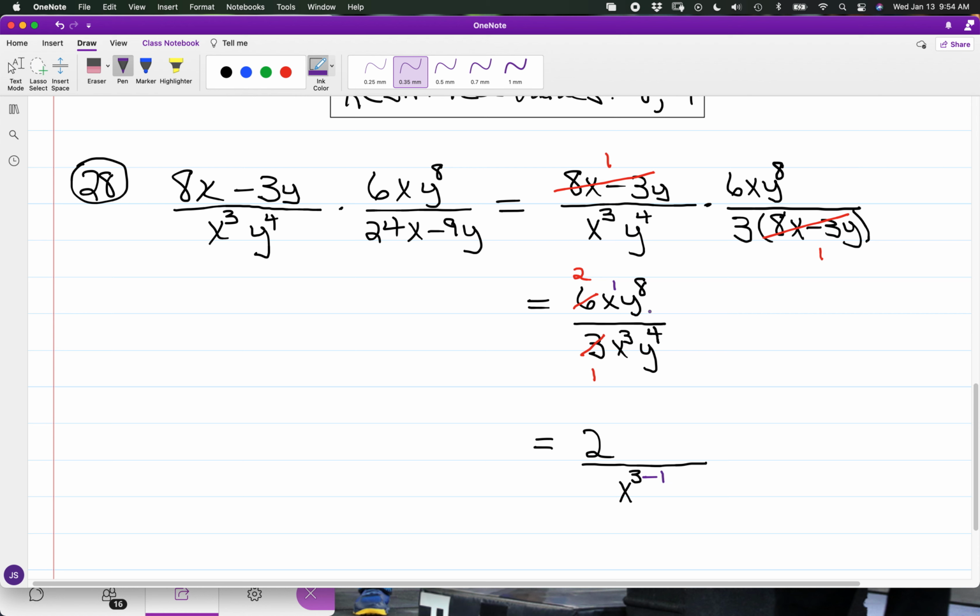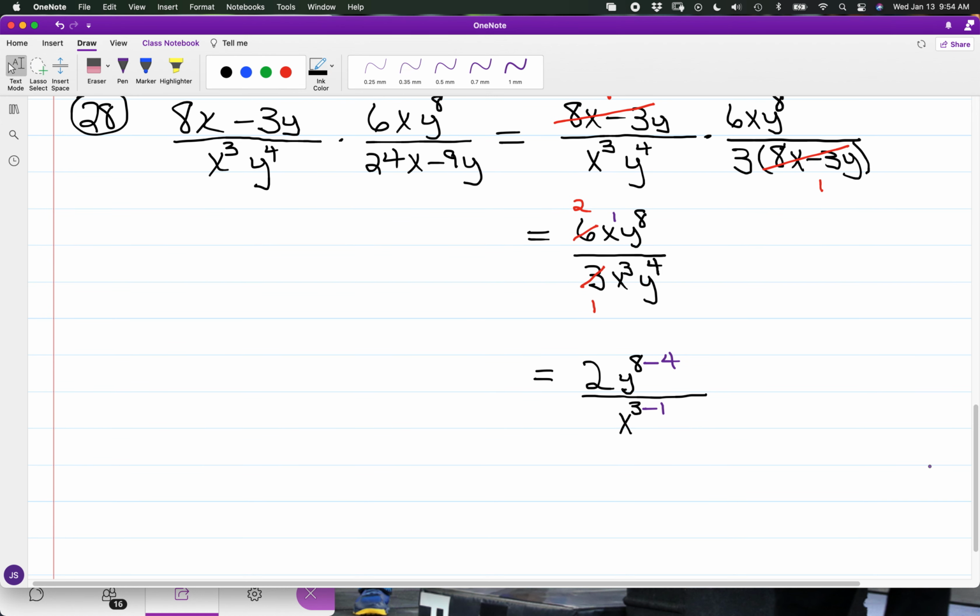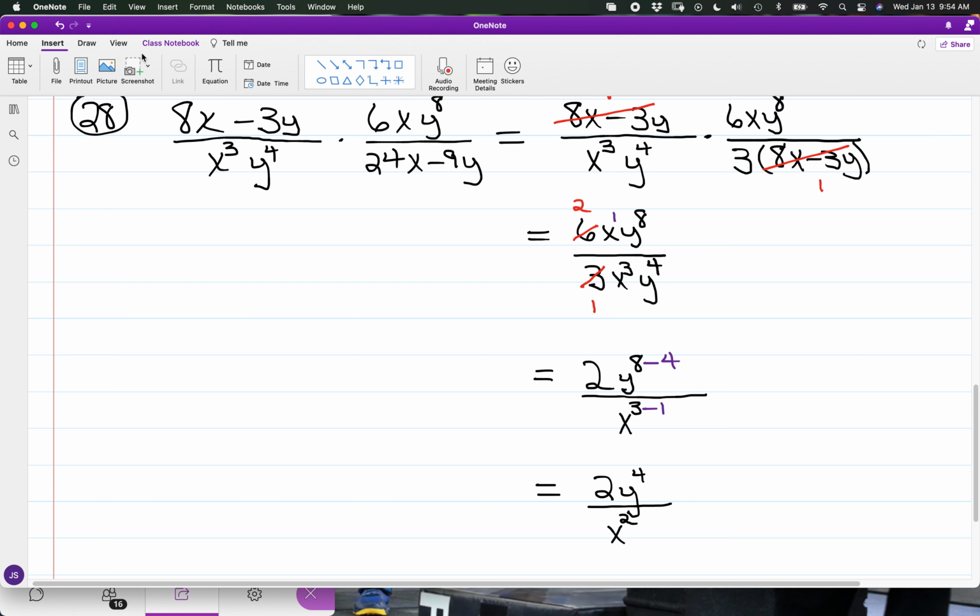For y, we have y to the 8th over y to the 4th, and the higher degree is in the numerator, so again taking the lower degree from the higher, we have y to the 8 minus 4. So the result is 2 times y to the 4th all over x squared.